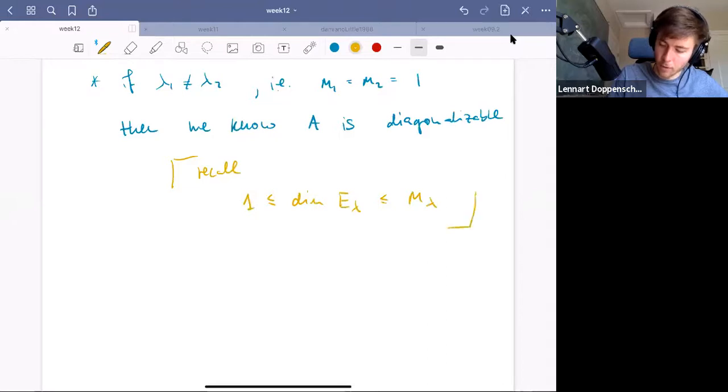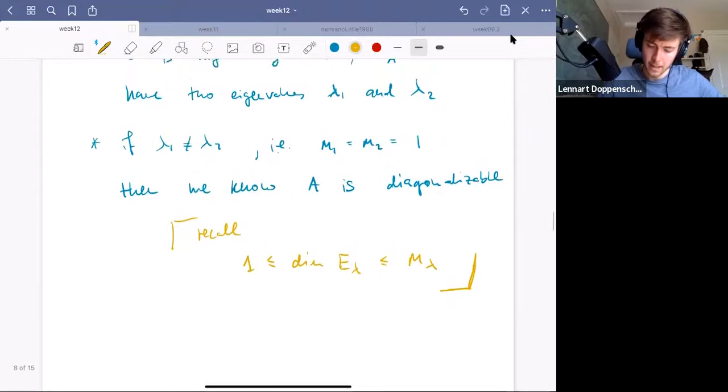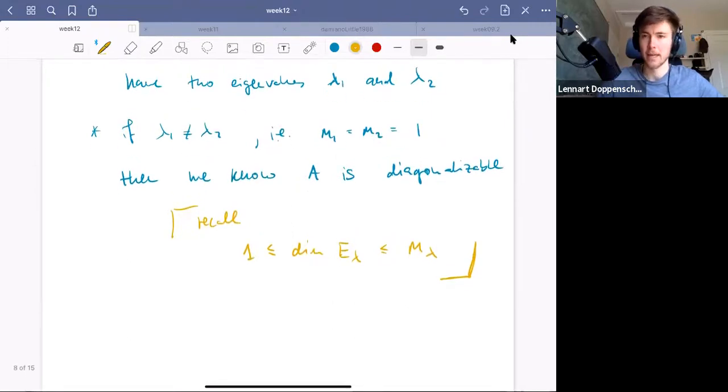So if both multiplicities are 1, then the dimension of the eigenspace is necessarily equal to the multiplicity, and it's diagonalizable.